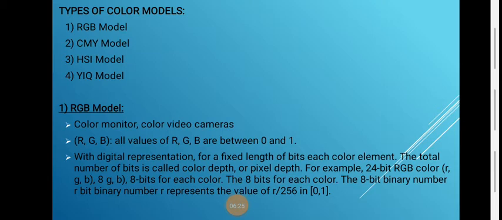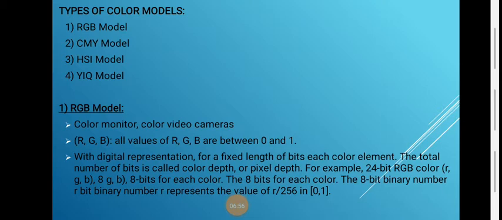The first color model is the RGB color model. It is used in color monitors and video cameras, and the normalized value of each of R, G, and B lies between 0 and 1. In a digital representation, each color is represented by a fixed length of bits. Supposing we define an 8-bit image for each color, 8 into 3 gives a 24-bit RGB color image.